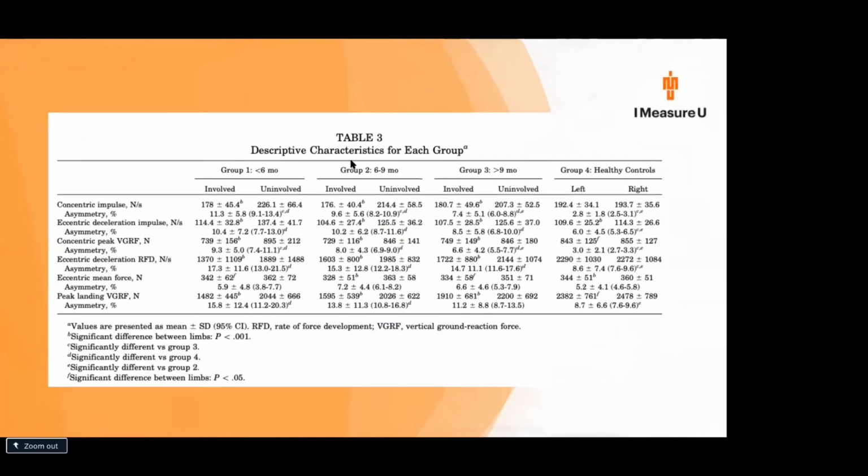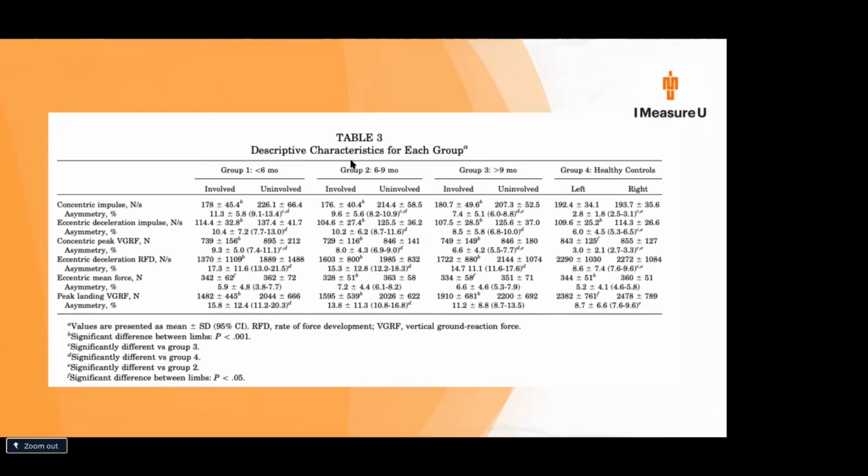In terms of the breakdown of the countermovement jump components, as you can see here, there were 6 variables that were measured, and you've got a breakdown of all of those variables, the asymmetry percentages, and then the changes in asymmetry over time. Without going completely through this, the key findings were that there were significant interlimb differences present in both eccentric and concentric components, and these differences had moderate to large effect sizes.